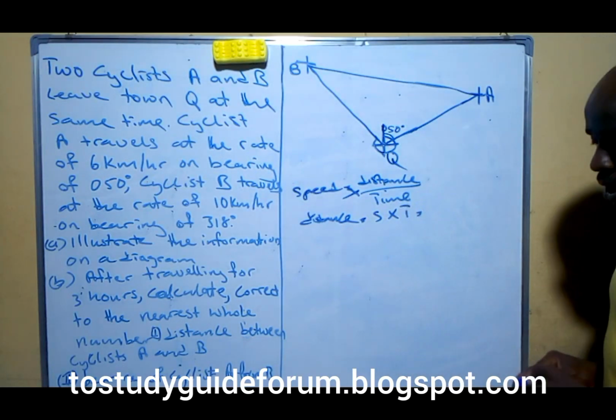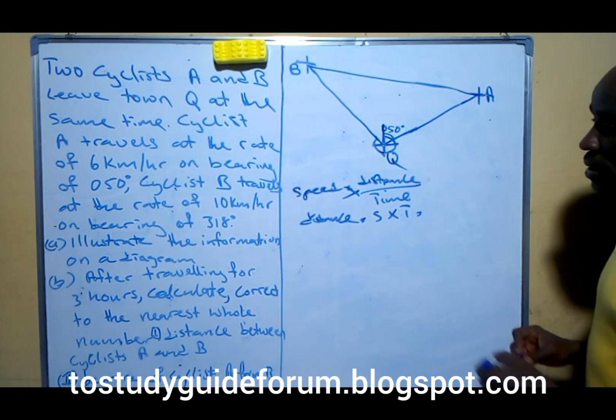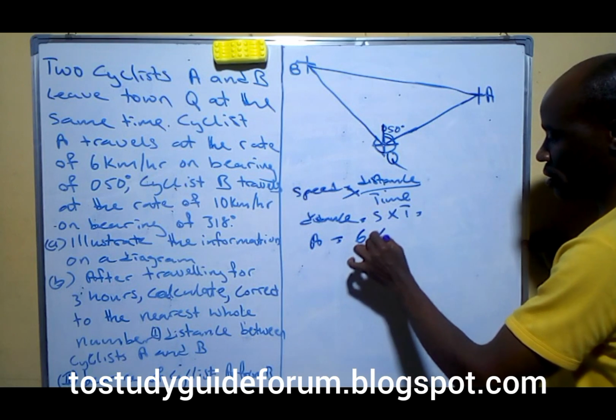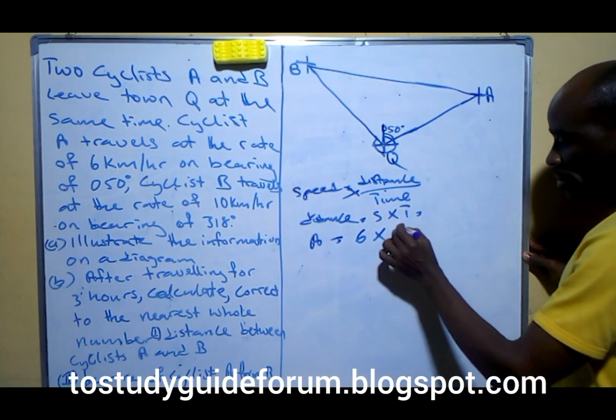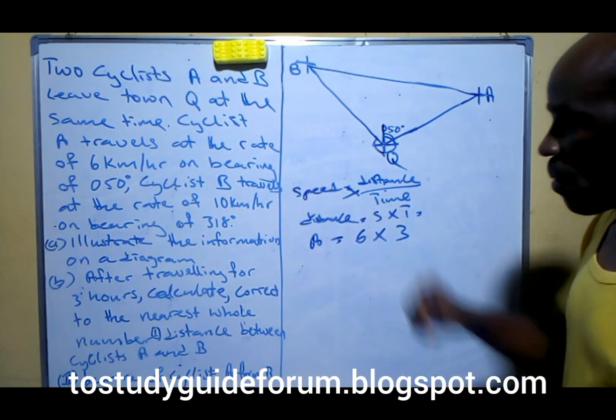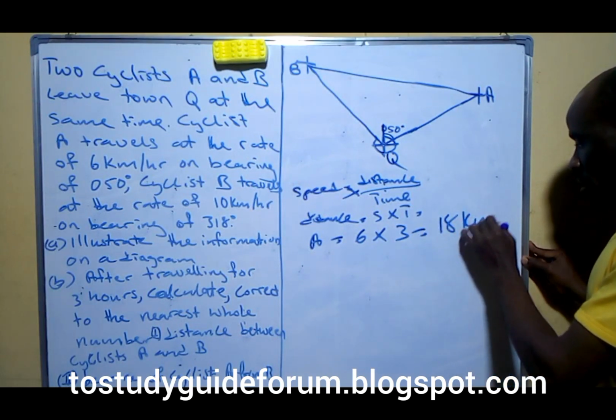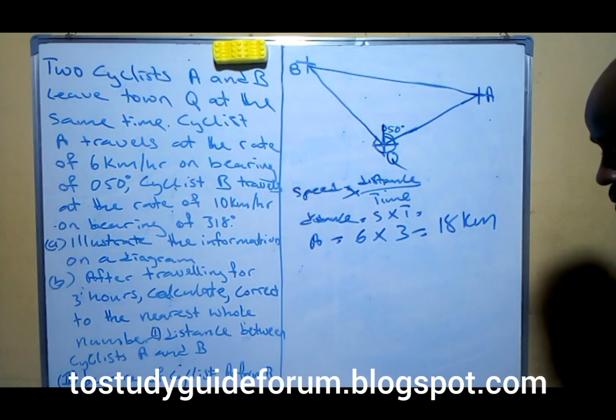So for the first one, A, we have 6 times 3 hours, which is 18 kilometers.